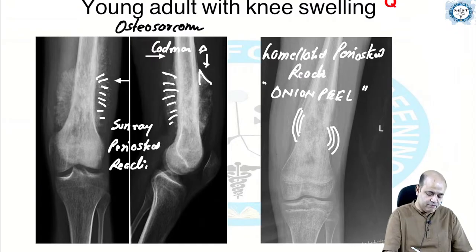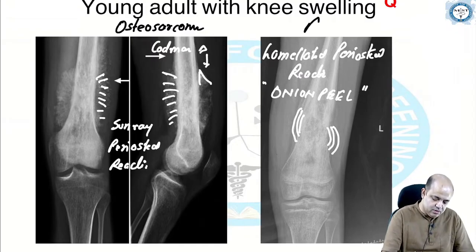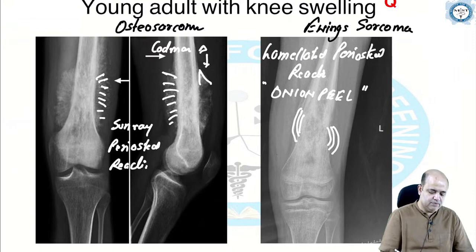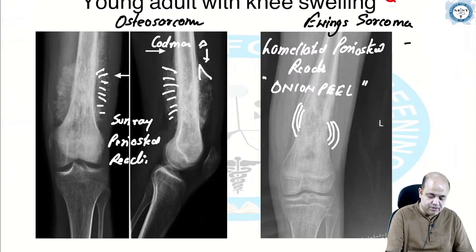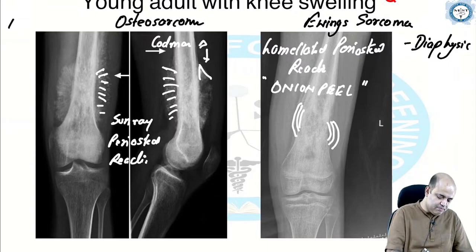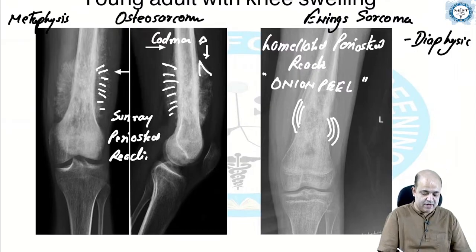This is a feature of Ewing's sarcoma. This is a diaphyseal tumor, a tumor that happens in the diaphysis. Osteosarcoma happens in the metaphysis.